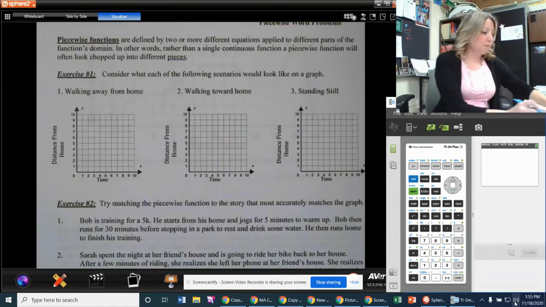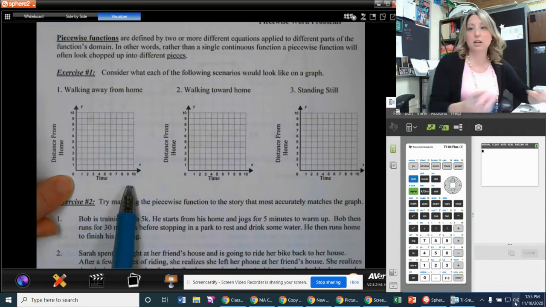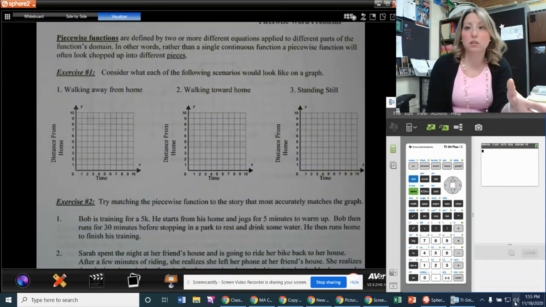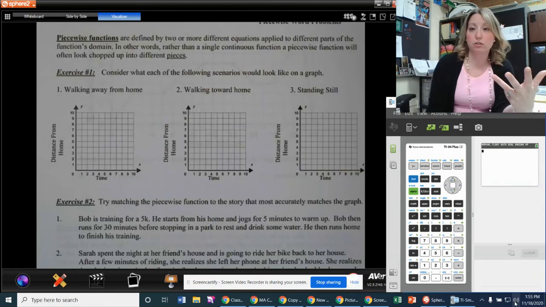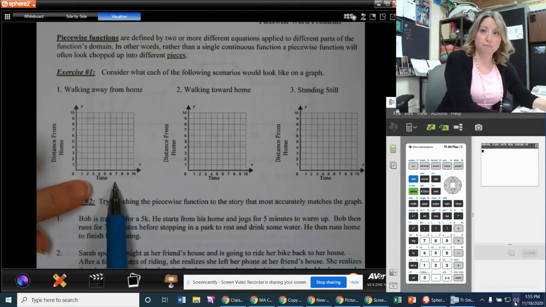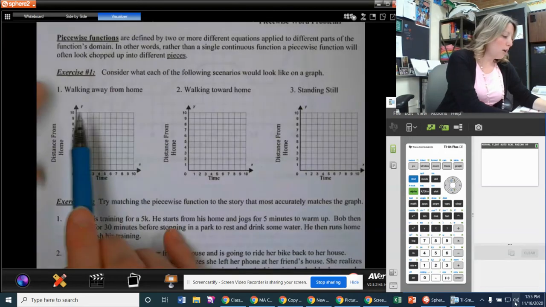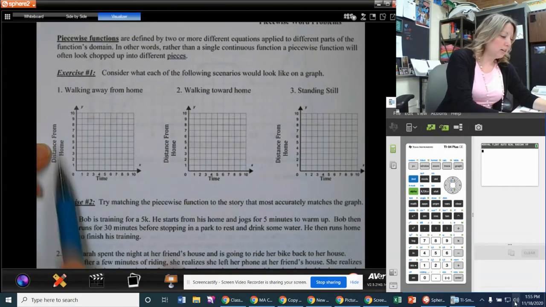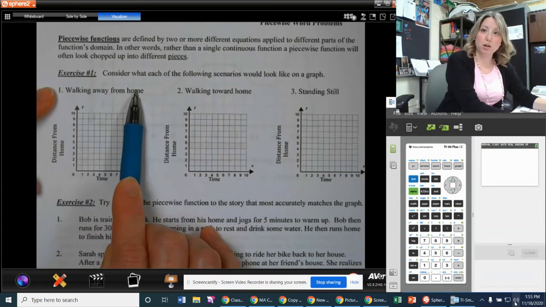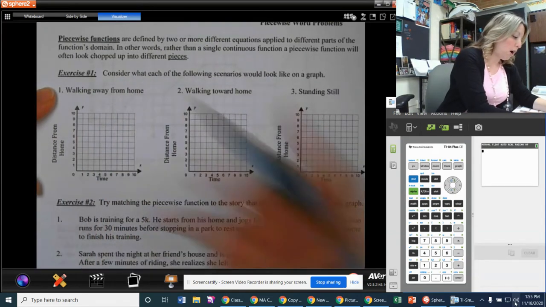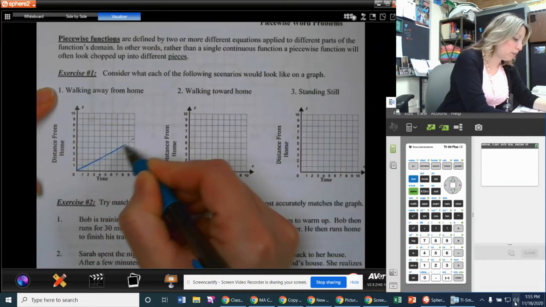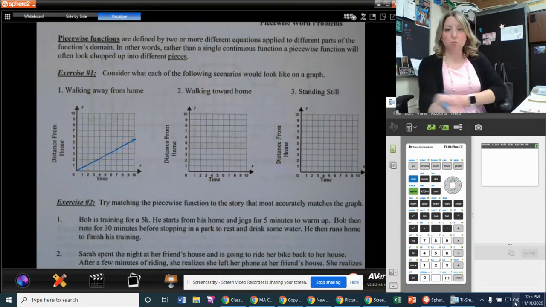As time passes, because time is an independent variable, meaning it's going to happen regardless of what else I'm doing or the story is doing, time is my x-axis. If y is my distance from home, what does it look like to be walking away from home? As time passes, my distance from home increases. So that's a positive slope.